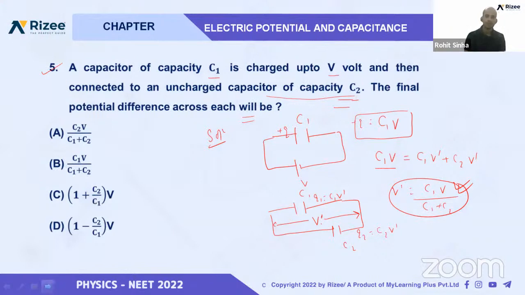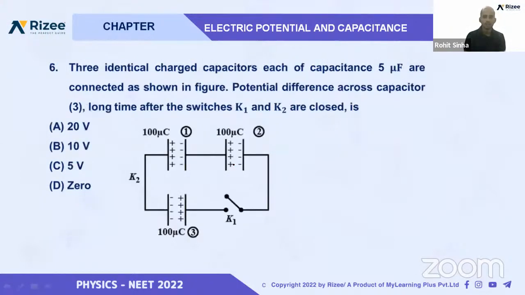Okay, good. Take the next question. Now, take this question. Try all of you this question. I think this type of question you can do now. I have taken this type of question many times also. Take it as a homework.